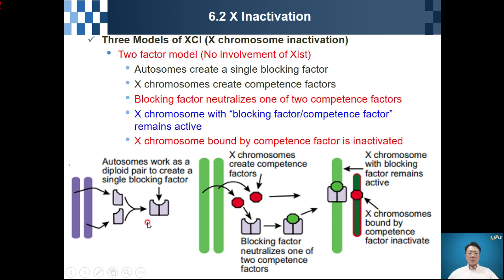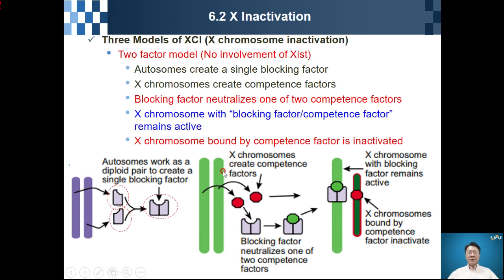Autosomes work as a diploid pair to create a single blocking factor, and the X chromosome creates another factor. So the autosome creates one factor, and the X chromosome creates another factor. This is the two-factor model.